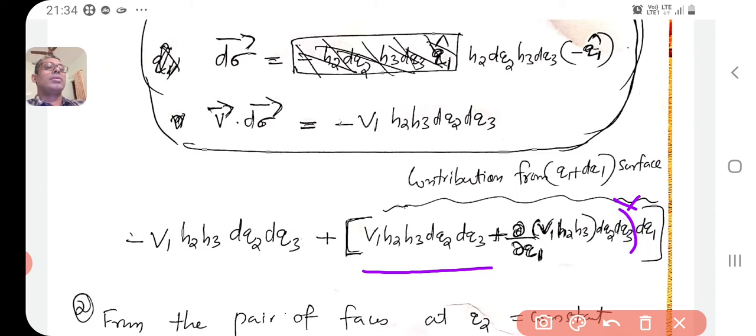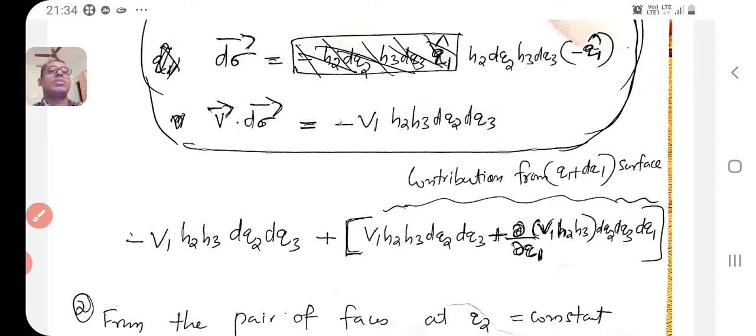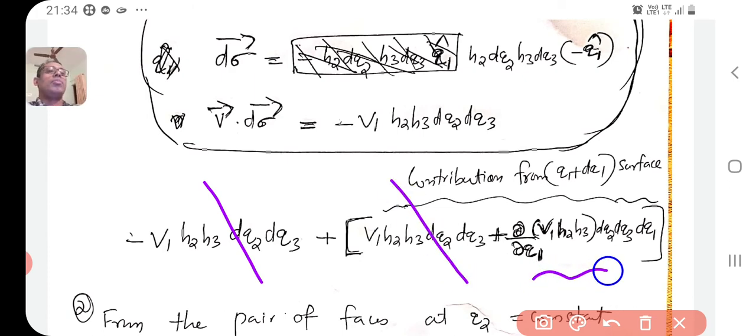So this is the contribution from the bottom surface, the rate of change times dq1, since q1 changes by dq1. As expected, this will get cancelled and we will be left with only this.